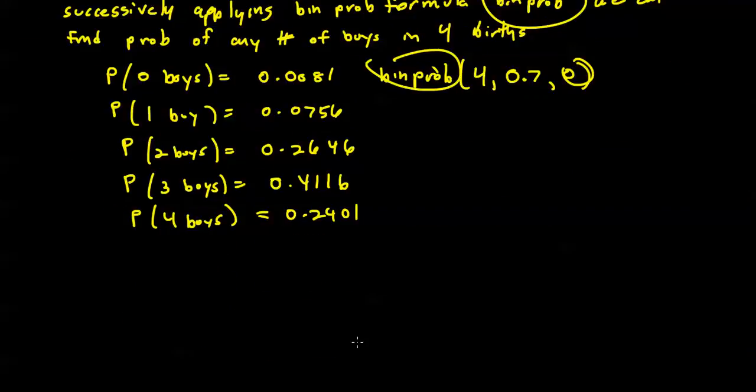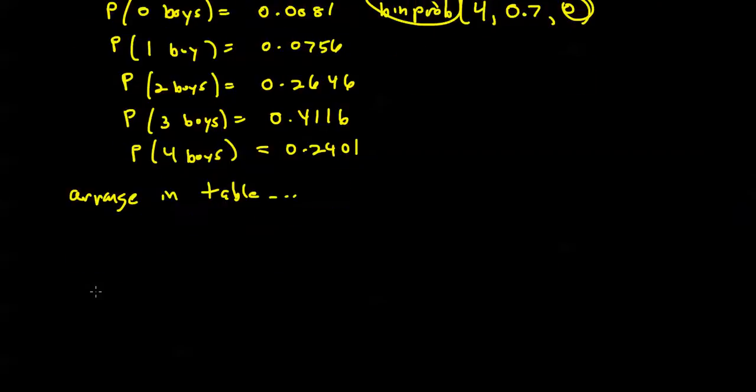I'm going to arrange these probabilities in a table fashion. And I can see, let me scroll down a little bit here. I can let x be my number of boys from 0 up to 4 and arrange my probabilities in table-like fashion.